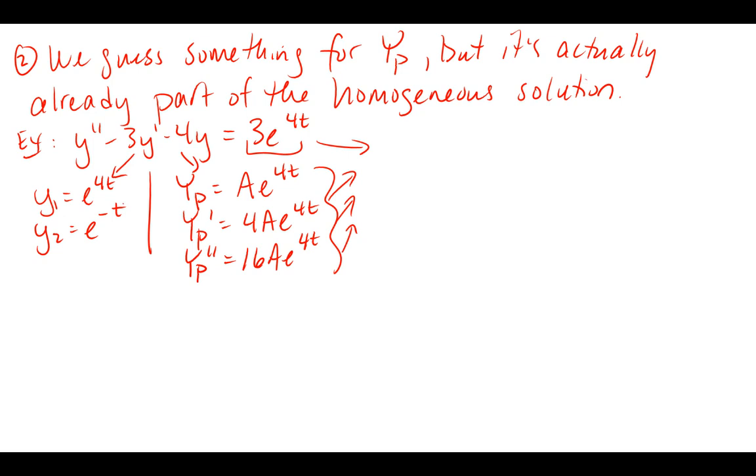Okay, so we get y double prime, so that's 16a e to the 4t, minus 3 times y prime, and minus 4 times y, and that's all supposed to equal 3e to the 4t.